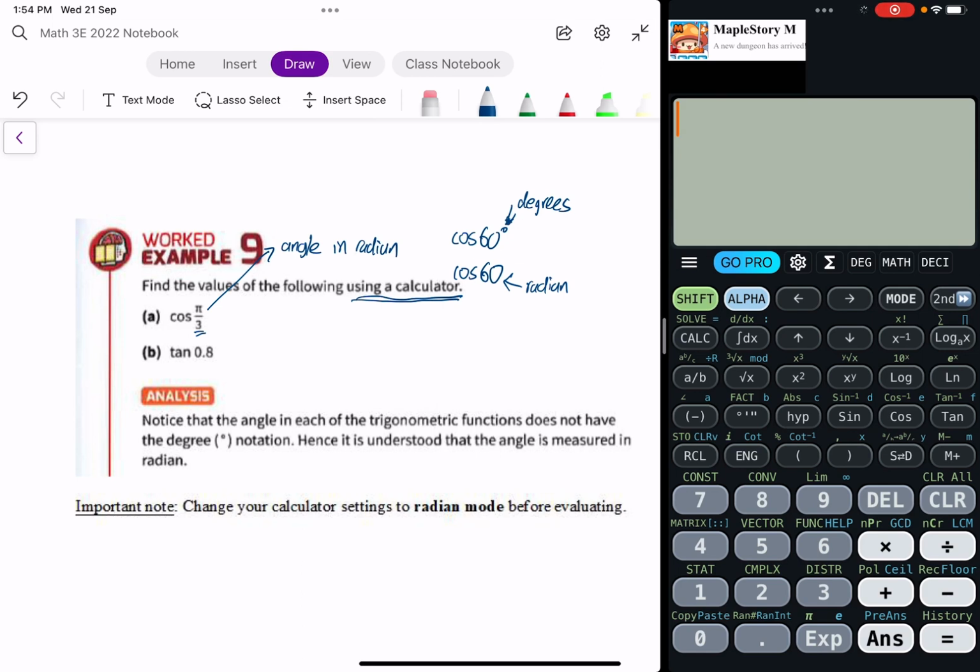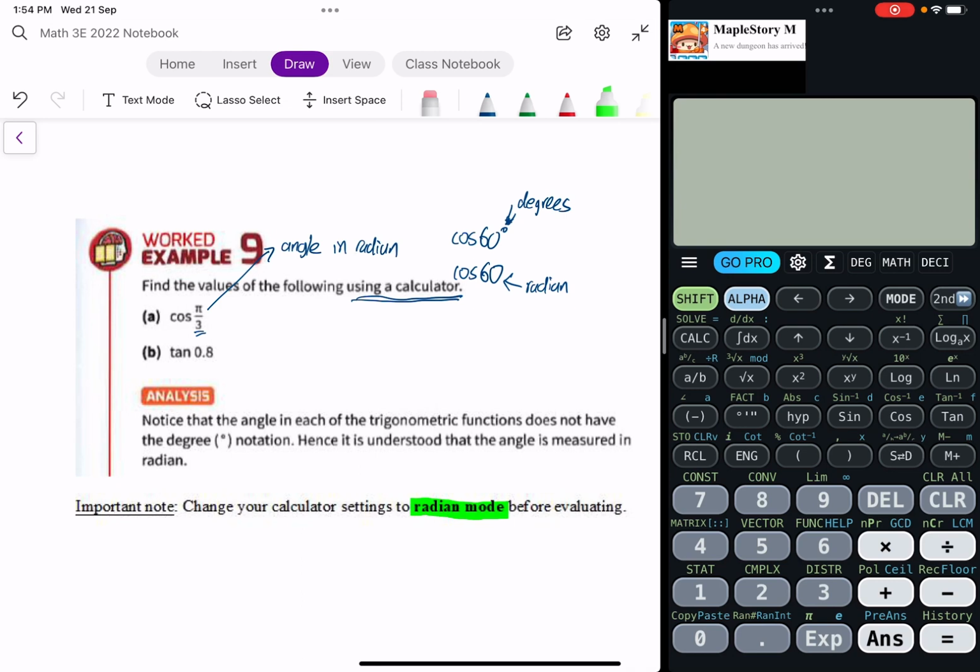Back to the question, cosine pi over 3: we do not use the degree sign, so we know that it is radians. First, we need to change the calculator settings to radian mode. Each of us has a different kind of calculator, with different ways of changing to radian. Basically you need to find the setup and change the angle unit to RAD.